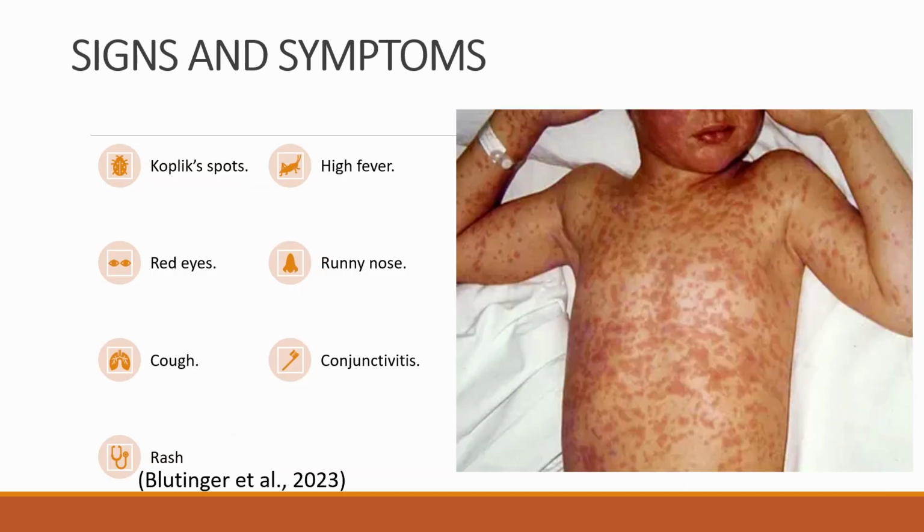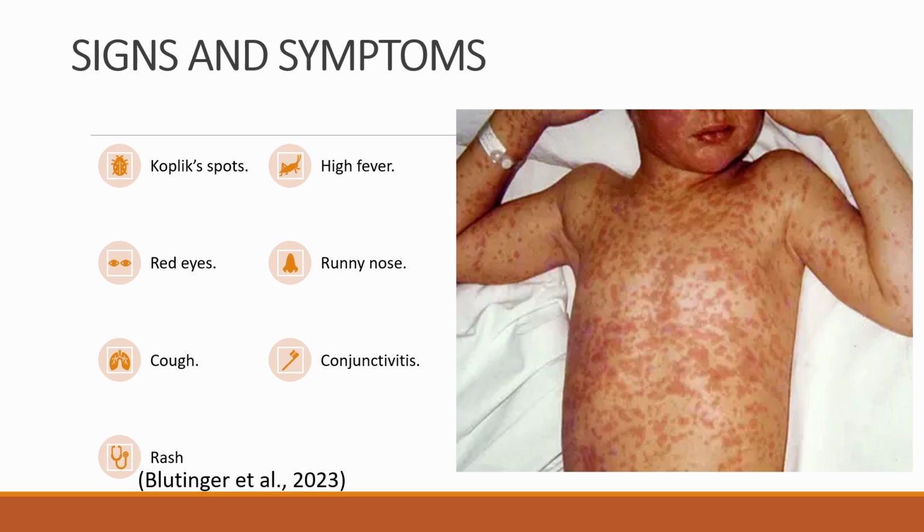So how do you spot measles? The signs and symptoms: we have Koplik spots, which are white spots with central bluish specks on the upper lip and cheeks. Koplik spots appear about 2 to 3 days before other symptoms as mentioned above. These symptoms persist for about 4 days but may progressively worsen.